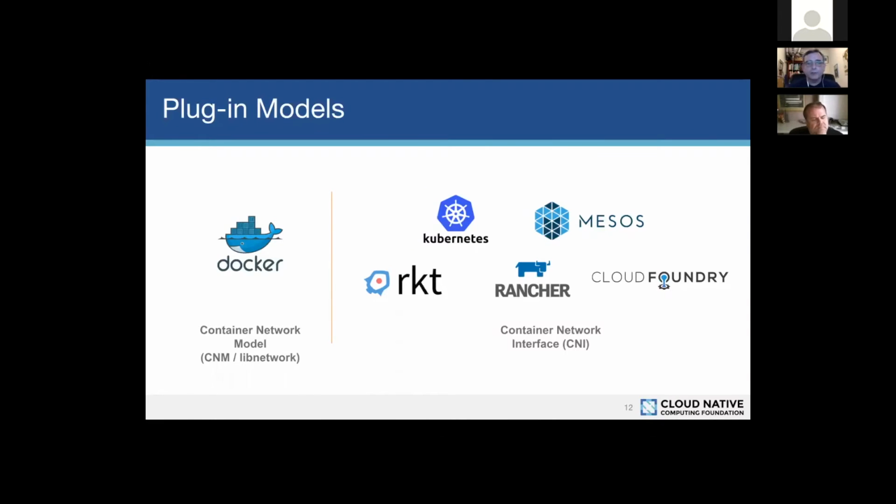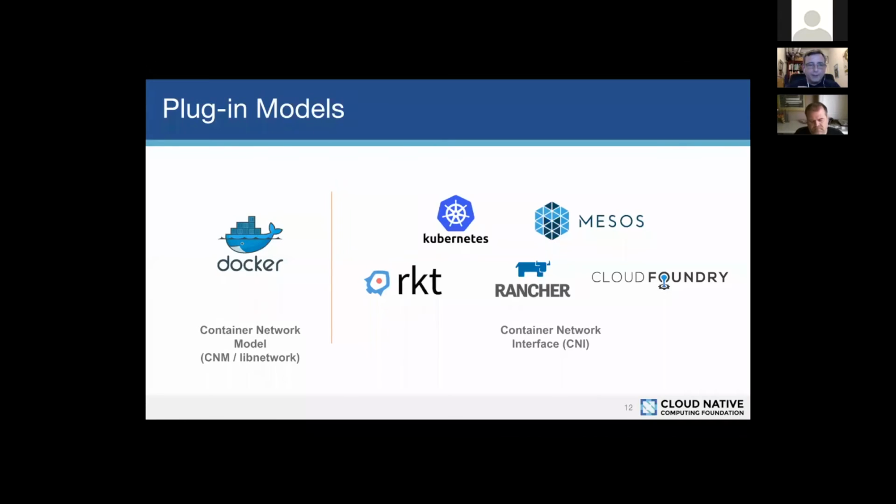So you pick your outer infrastructure, and then you pick your network, and there's a plugin to go between them. A little bit of an annoying point right now in the world: there are two main plugin models. So let's talk about those.